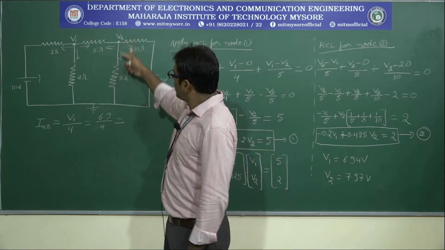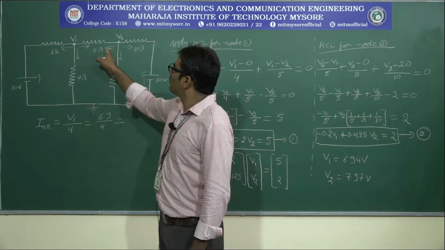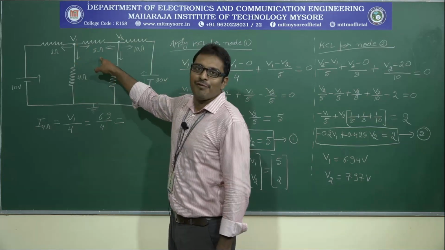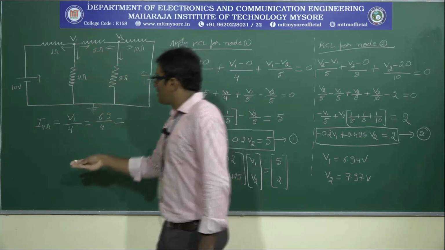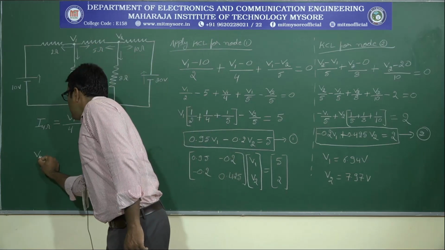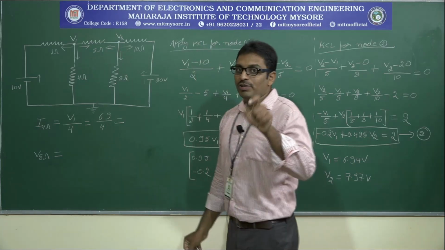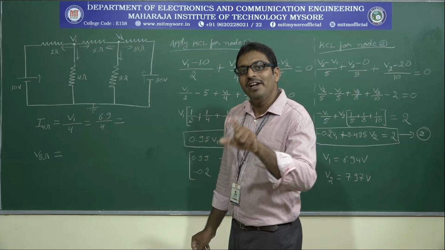Similarly, if you want to calculate the current through this branch, V2 by 8. If you want to find out the current through the 5 ohm resistor, V2 minus V1 by 5. If the question is what is the voltage across the 5 ohm resistor, you know the value of V1 and V2, whether it is V1 minus V2 or V2 minus V1.